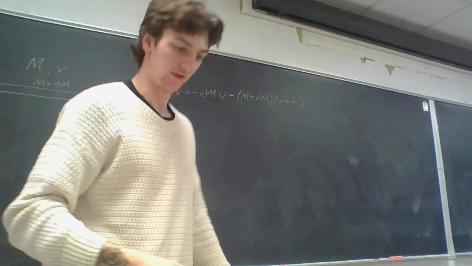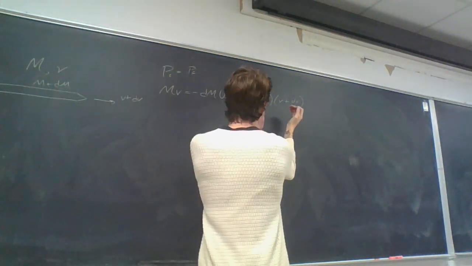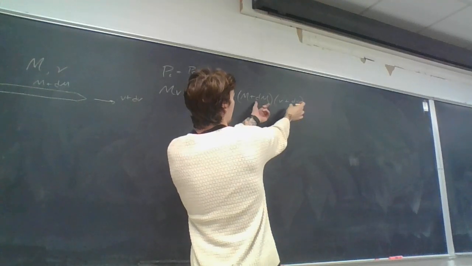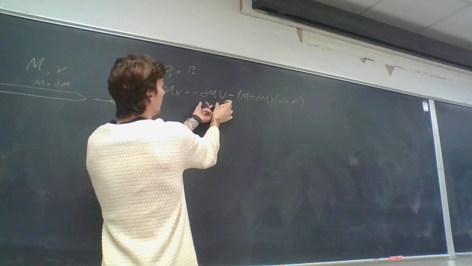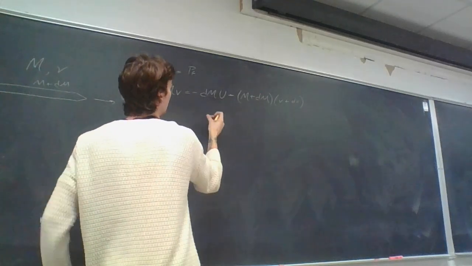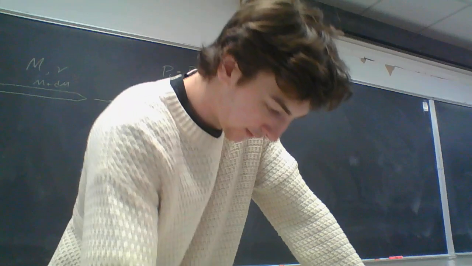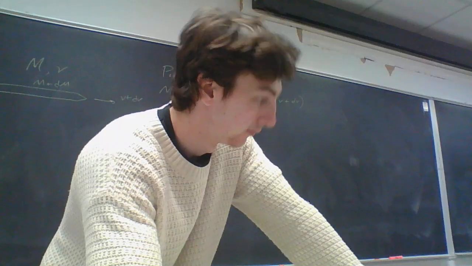So basically, it's the mass of the rocket times the velocity of the rocket, but allowing things to vary with time. Here is the exhaust velocity and its mass, and it's negative because it's going in the other direction.